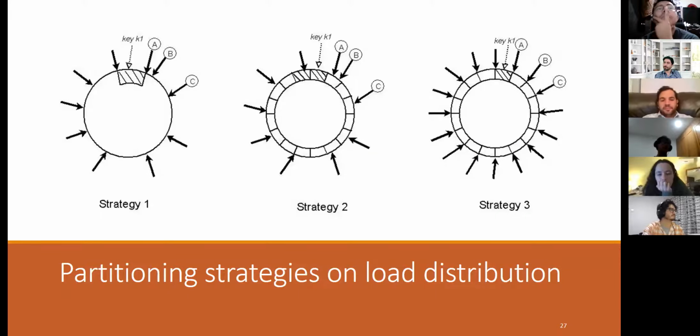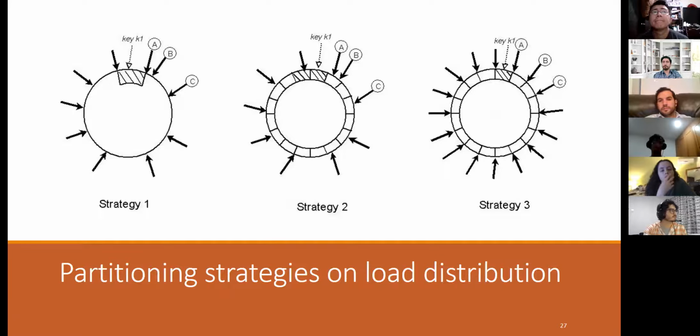Okay, what are the partitioning strategies that Dynamo uses based on load distribution? We have 3 strategies. The first one was the initial strategy deployed when Dynamo started to be used, and it is T random tokens per node and partitioned by token value. This is, let's say, the same example we saw in consistent hashing.